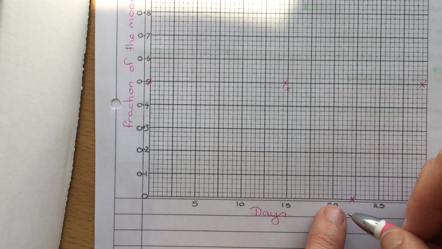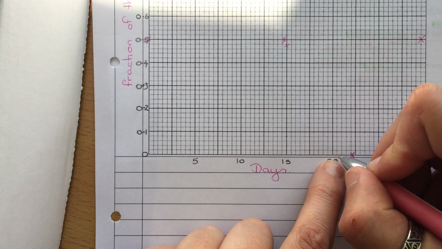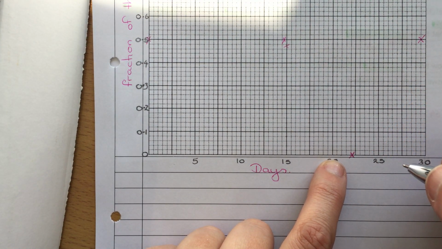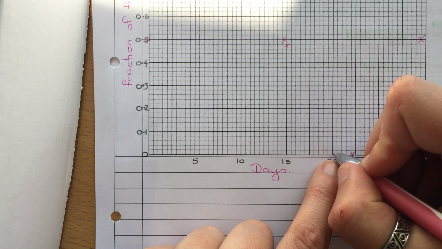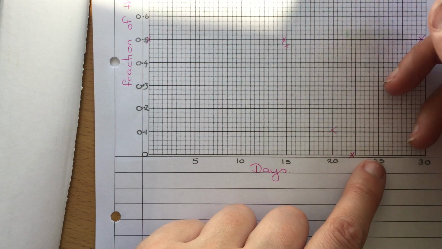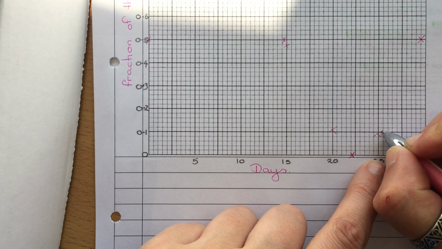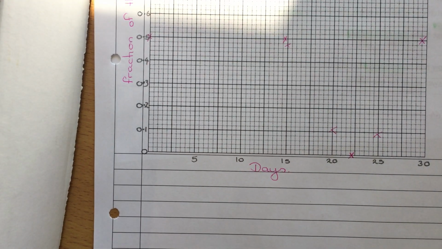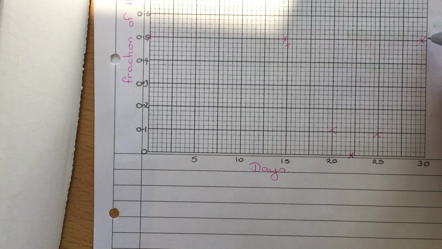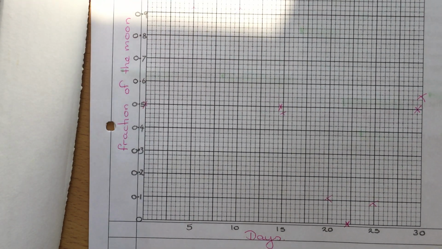We've got 0.05, so that's about there. 0.09 is there. And then 0.552 is about there.